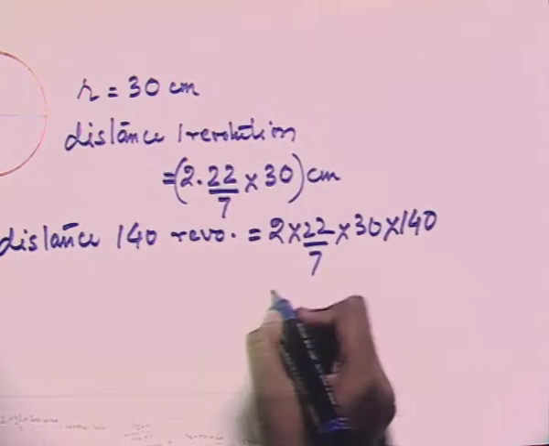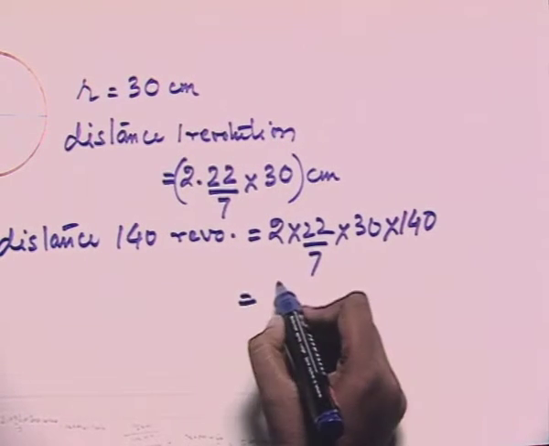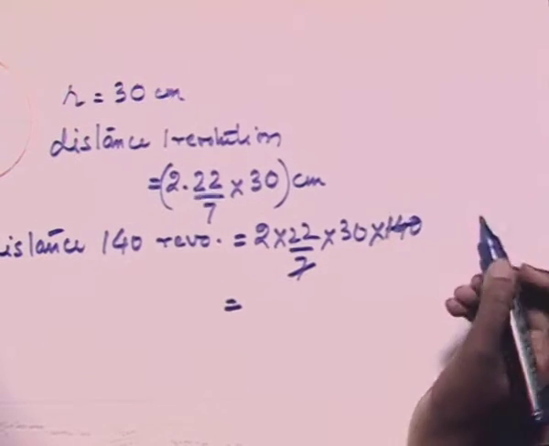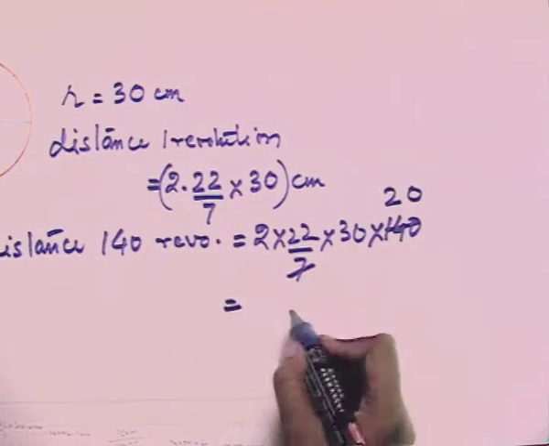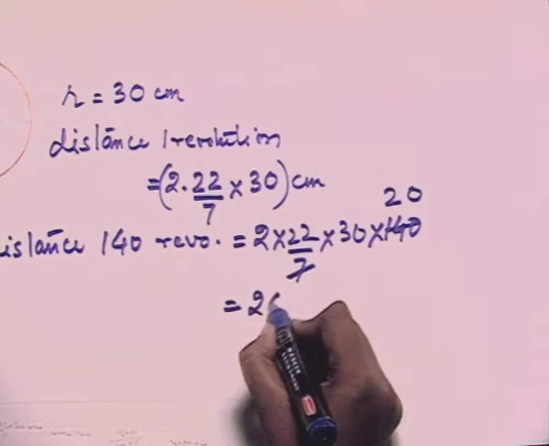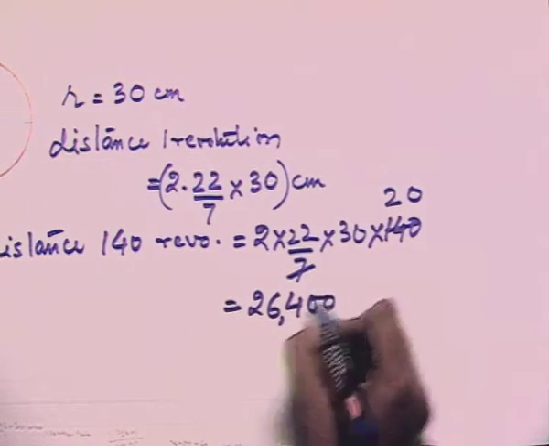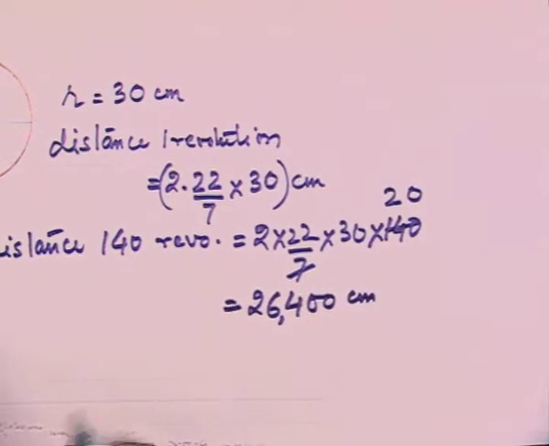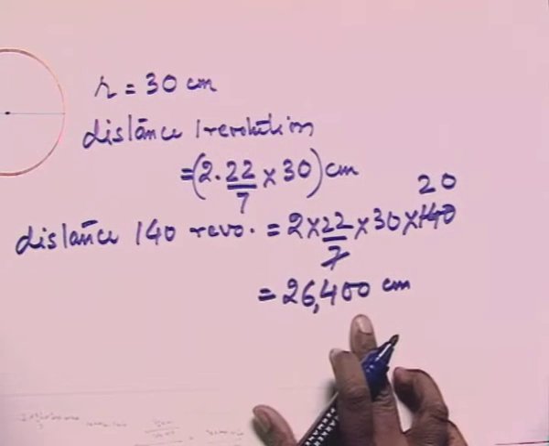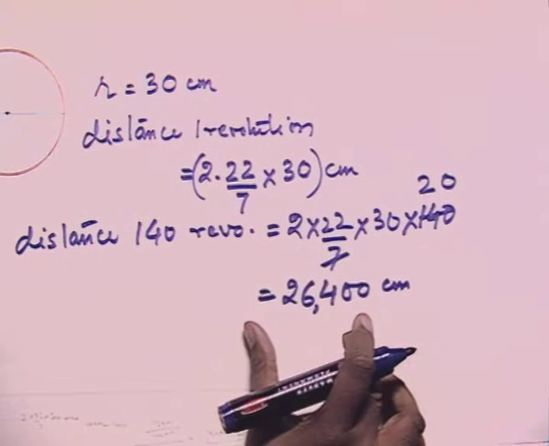So, that gives us 26,400 centimeter. This is the distance travelled or distance covered by the wheel in 140 revolutions.